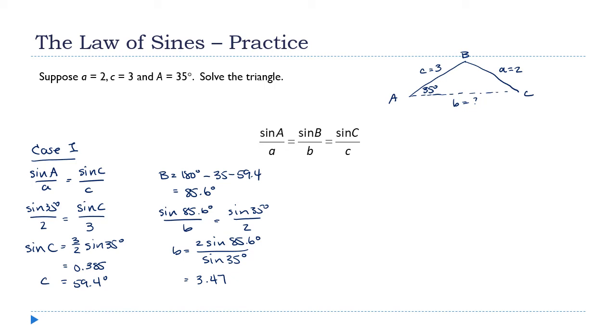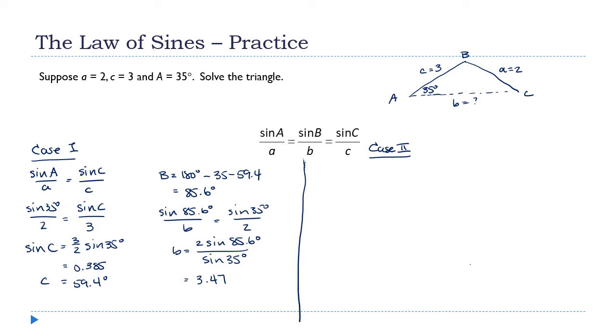Okay, that's case 1. Let's draw a line here to separate these two. Now let's do case 2. Go back and look at that angle C. Angle C is 59.4 degrees.